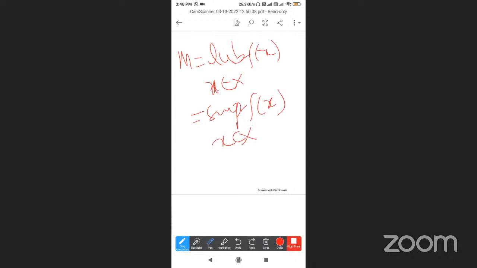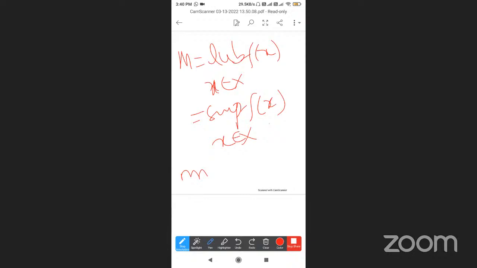Let capital M be equal to the least upper bound (LUB), the supremum, of F of X over small x belonging to capital X.